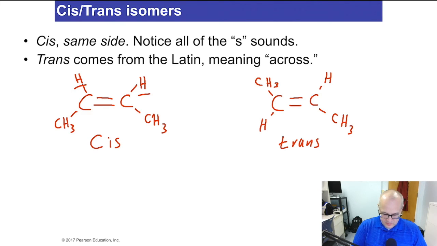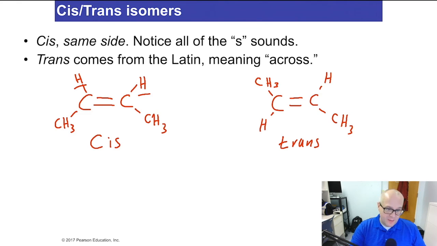So here, carbon number 1 in the double bond, carbon number 2 in the double bond. These carbons are what you have to look at. Hydrogen here is facing up. Hydrogen here is facing up. So they're both facing the same direction. That's how I know it's cis. You have a double bond, 1 hydrogen on each carbon in the double bond, both facing the same direction.